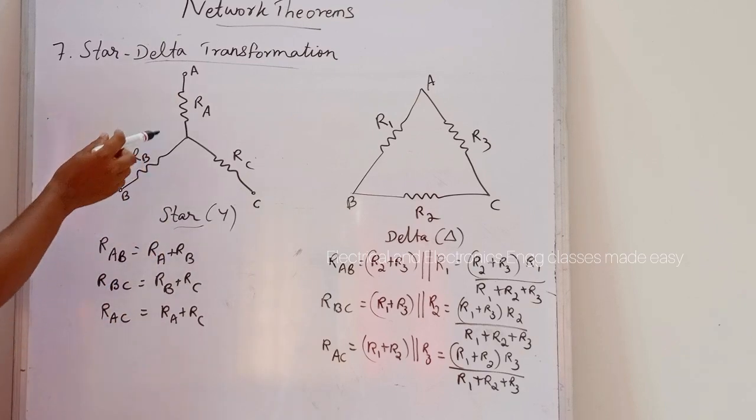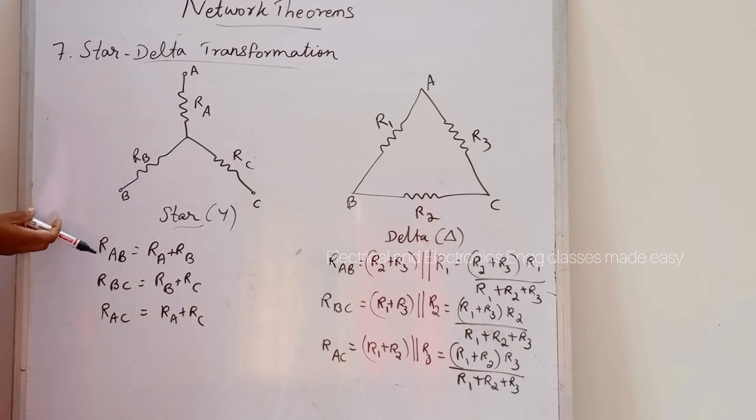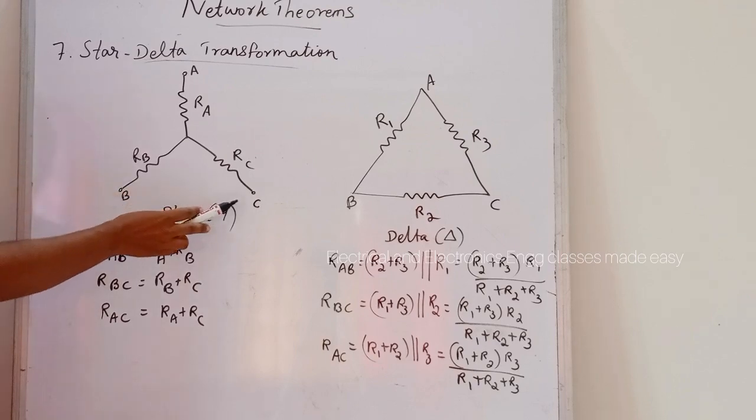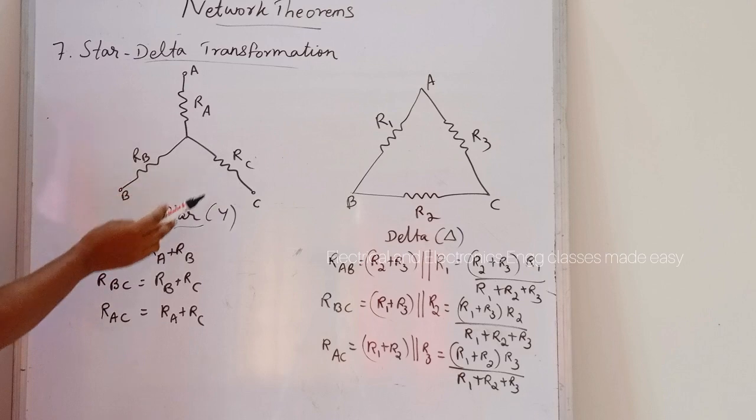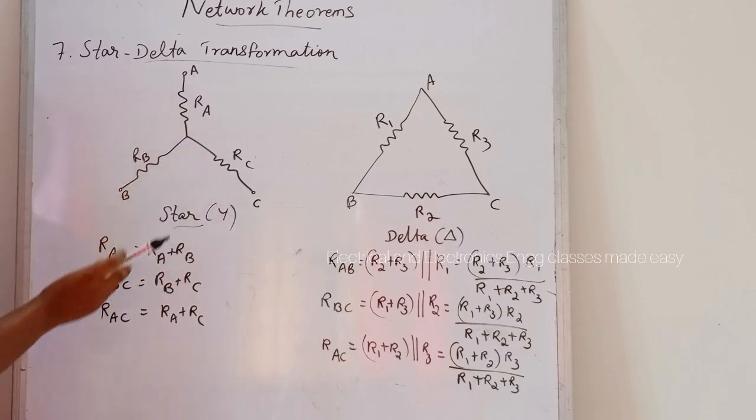And in star connection, RAB is equal to RA plus RB, RBC is equal to RB plus RC, RAC is equal to RA plus RC.